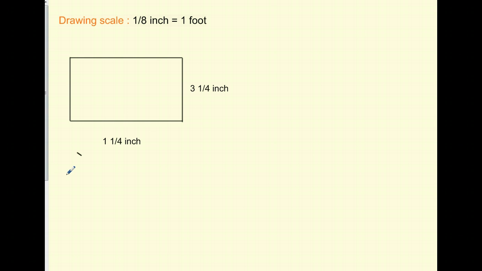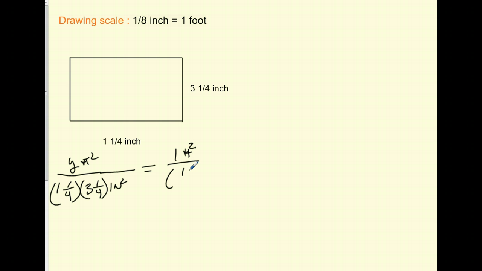So what we're going to have here is y in square feet is to 1 1/4 times 3 1/4 square inches is equal to 1 square foot is to 1/8 inch squared.